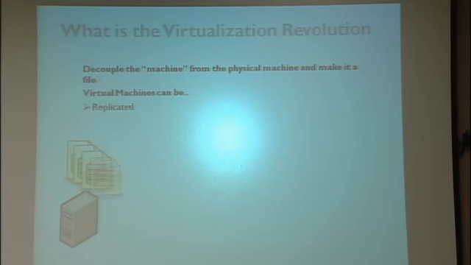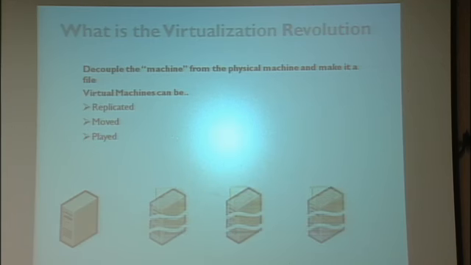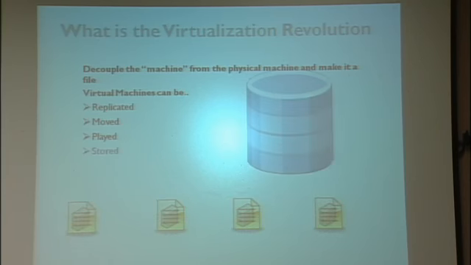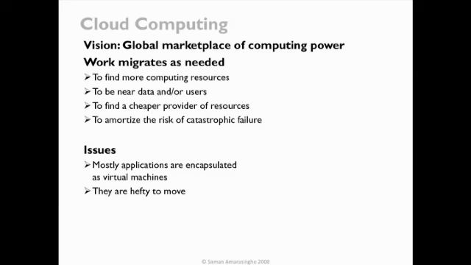You can replicate those files, so suddenly instead of one machine, you've got tens or hundreds of machines. You can move them and start them on other machines all over. Once you are able to move these things, the issue becomes how to move them around, and what's the cost of moving something? You can also store them somewhere in a database.